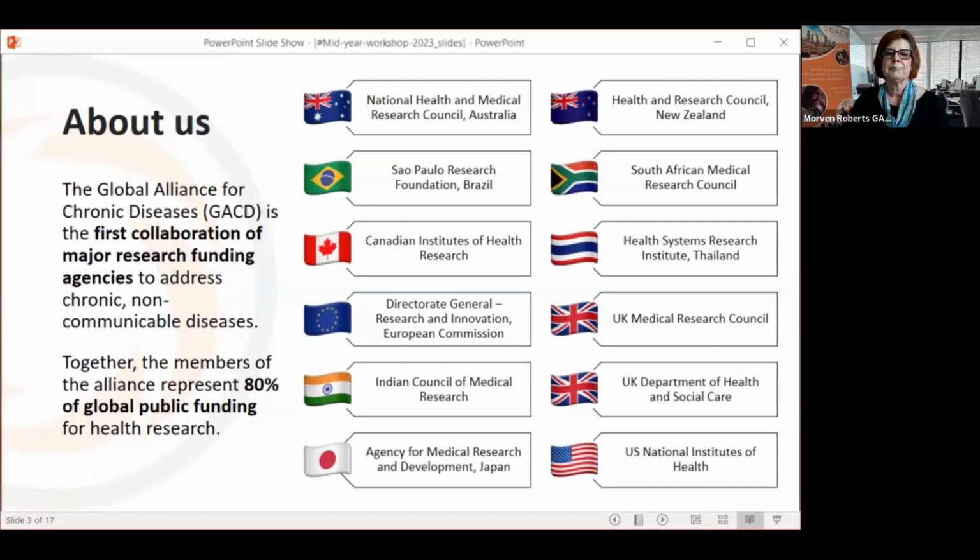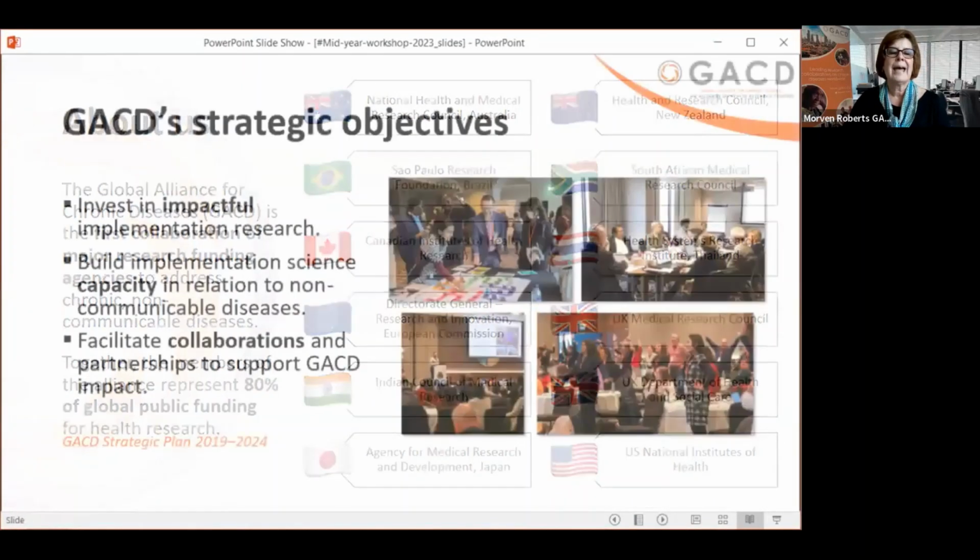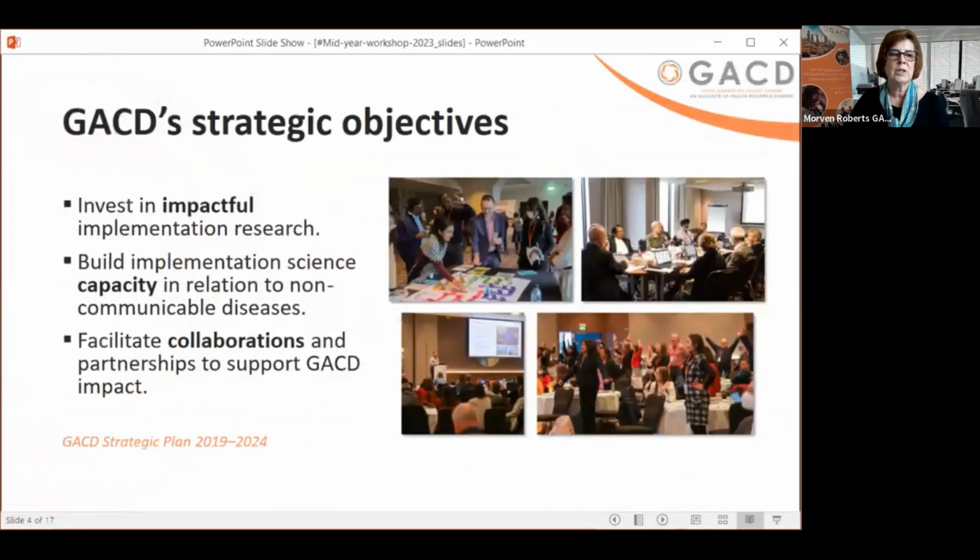Next slide, please. The 12 members that we have at present, we continually hope to grow, but the 12 members focus on a mission that is particularly to support the provision of evidence to inform policymaking, to help prevent or control chronic non-communicable disease, and to reduce inequities in health, particularly in resource-constrained countries or amongst marginalized populations.